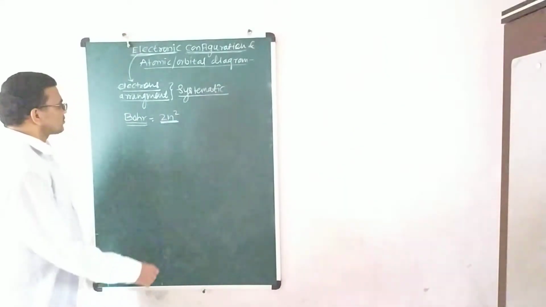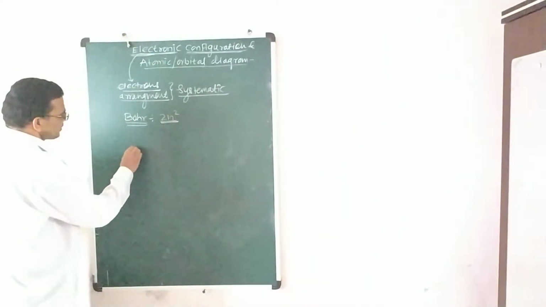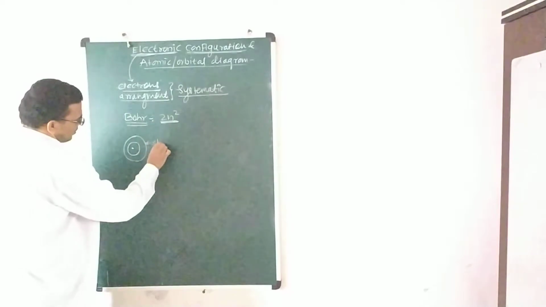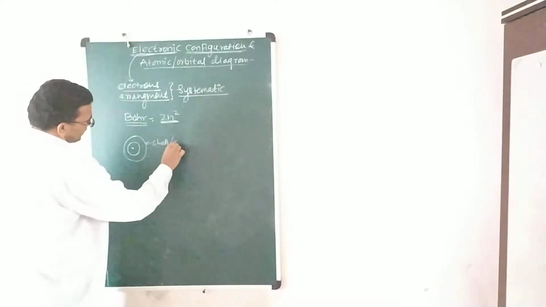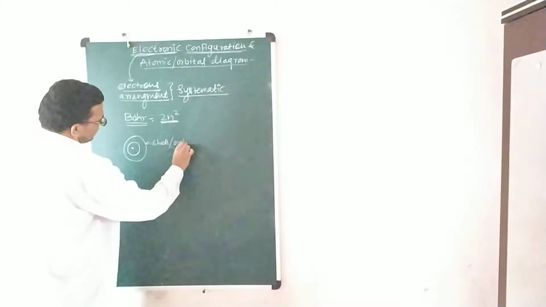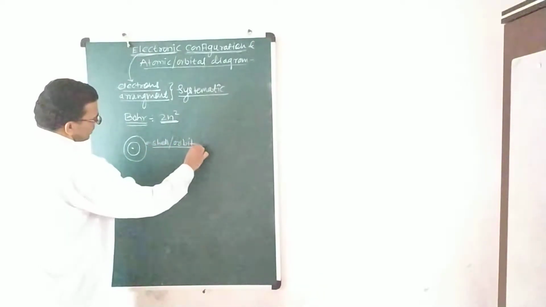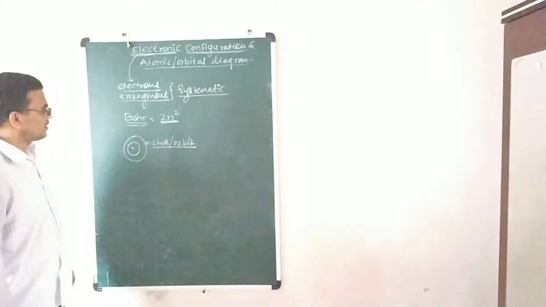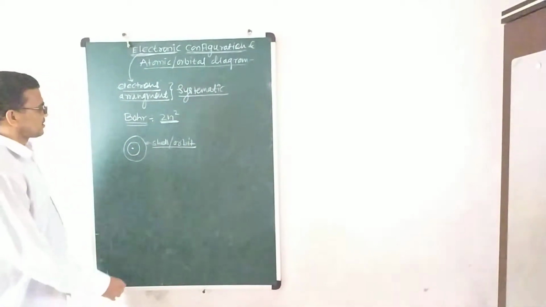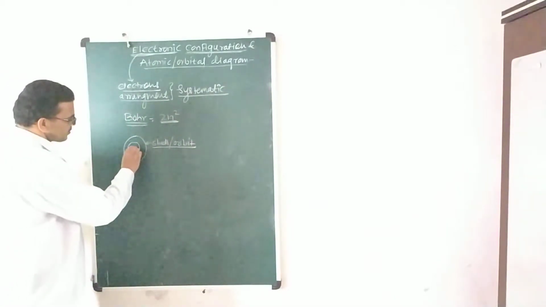Now let us discuss what the shells are first. Consider this is one atom and these are the circles. The circles are known as the shells, or they are also known as the orbits. So you have to keep these names in your mind, shells or orbits. Suppose this is the nucleus of an atom.